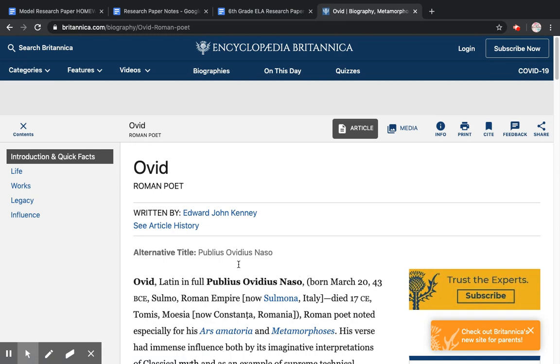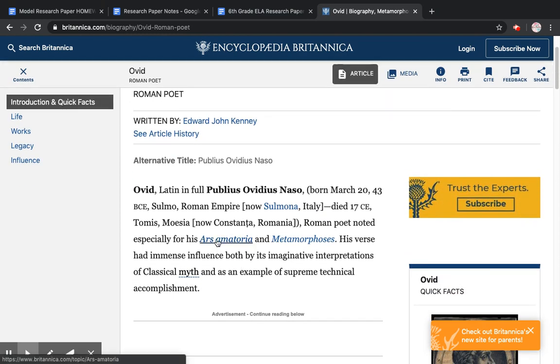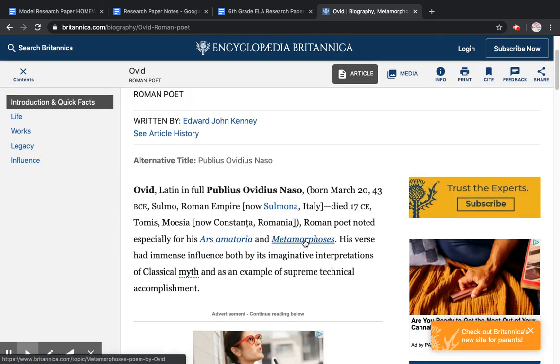So I found an example of his work as well. There's a link here so I can get more information about these two examples. They talked about their imaginative interpretations of classical myths, and they're an example of supreme technical accomplishment. So I'm going to talk about these two examples in my paper.